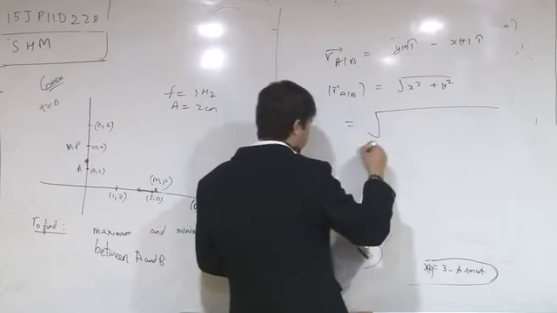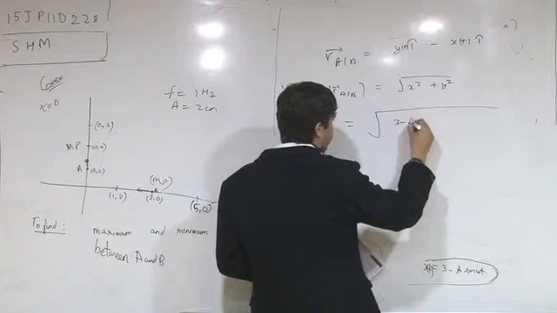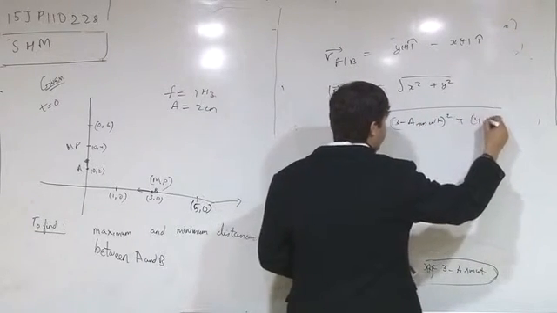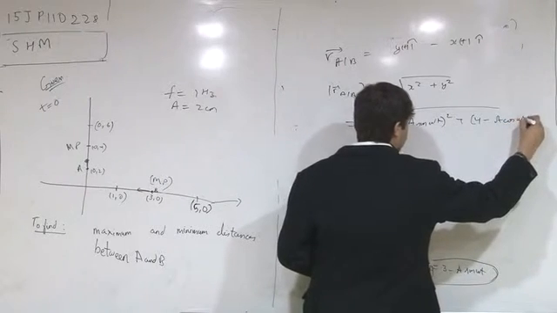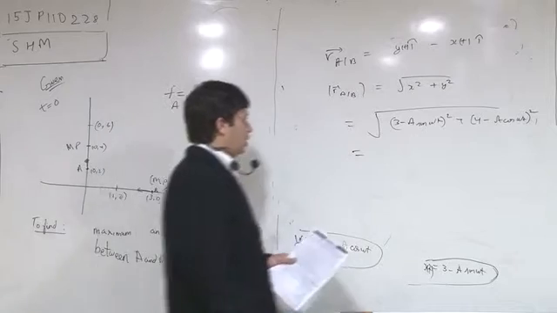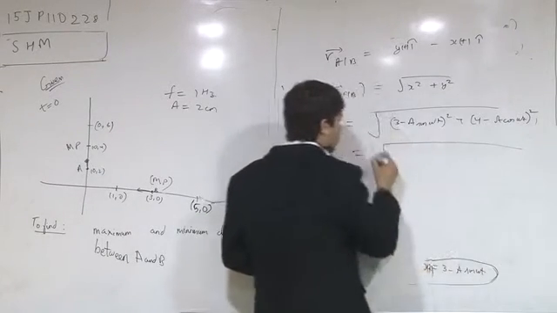Now putting the values: (3 minus a sin omega t) whole square plus (4 minus a cos omega t) whole square. Let us find the value by solving it.